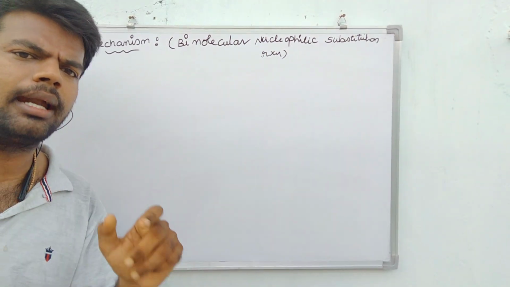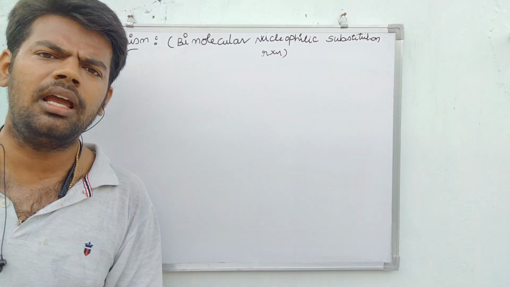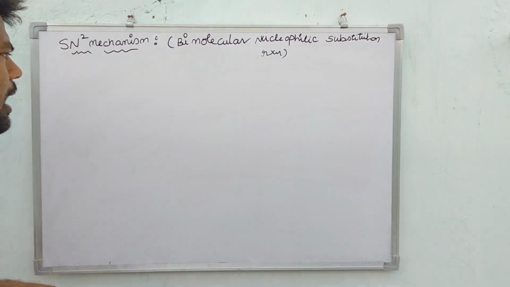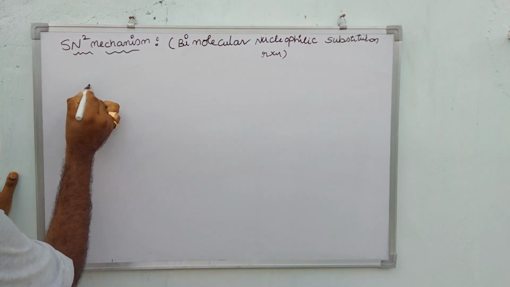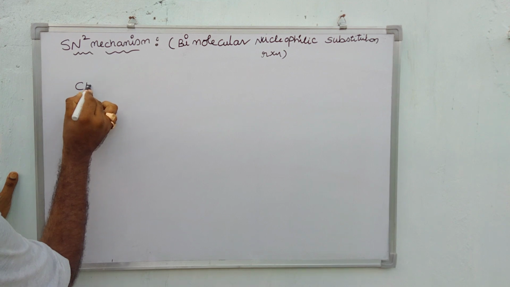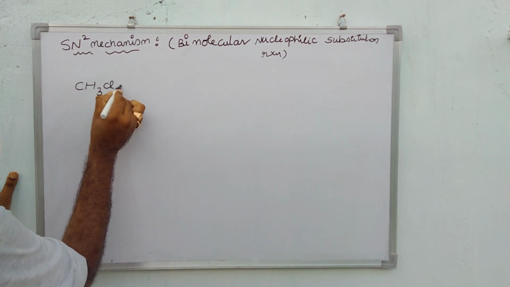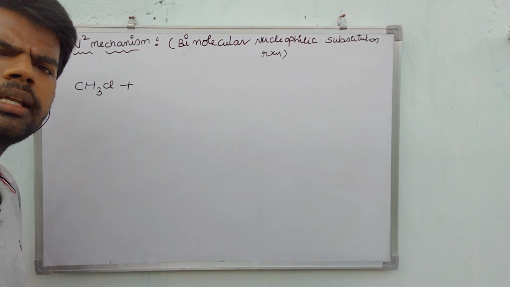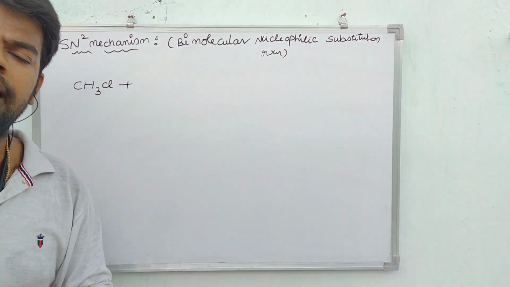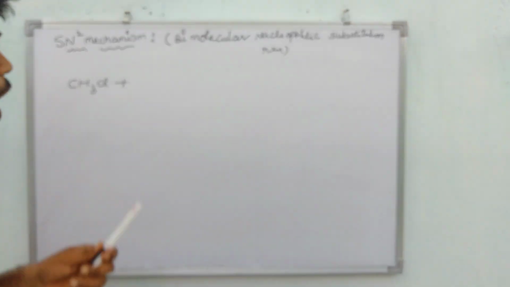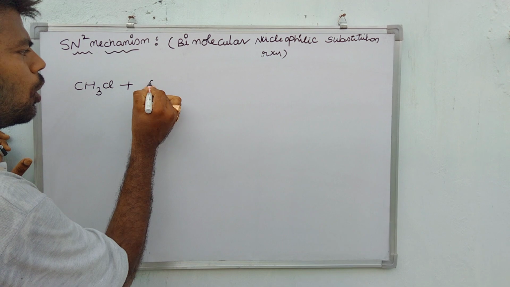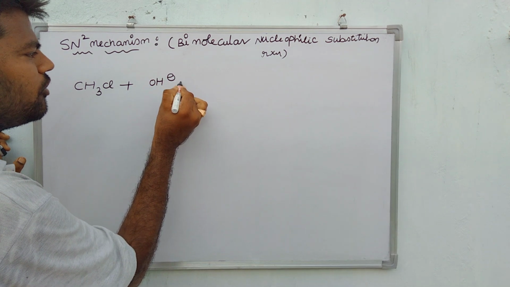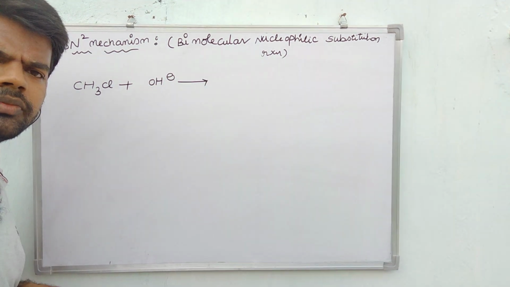To understand the SN2 mechanism properly, I take one simple example. Suppose I take a starting compound, methyl chloride, that is CH3Cl, as the starting material. On the CH3Cl, the OH minus group will attack.